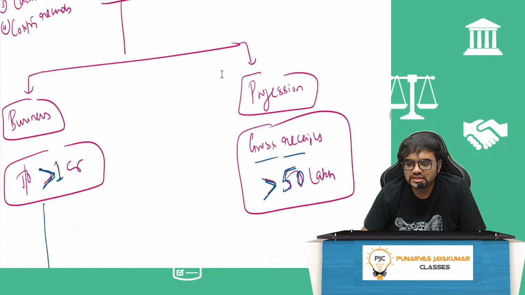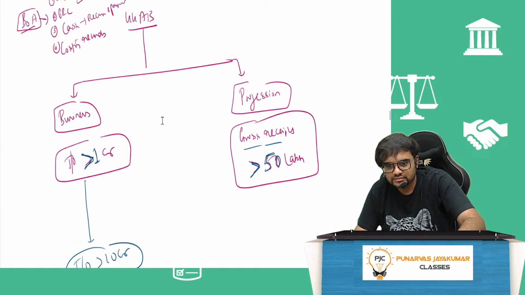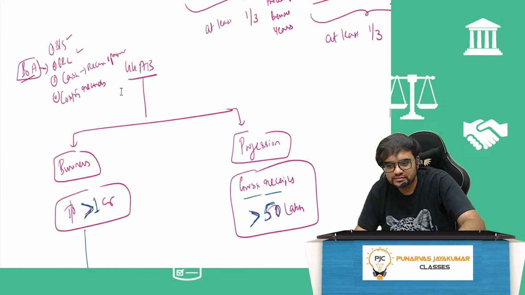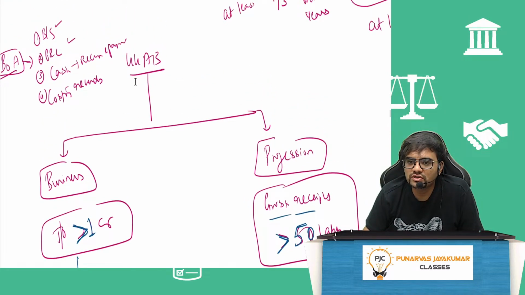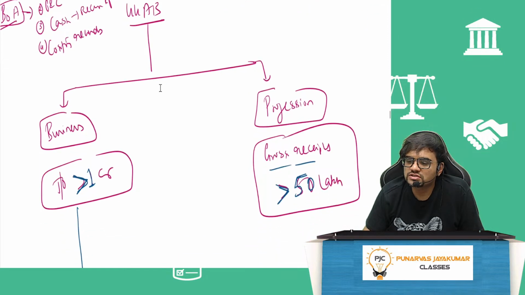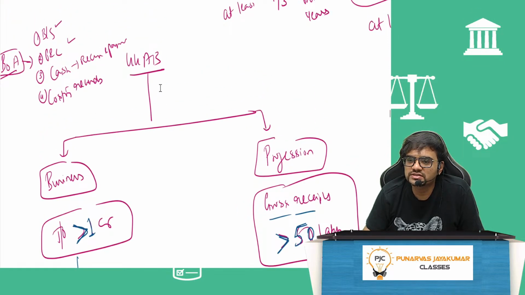Next comes the tax audit. 44AB. Very simple. If your business turnover is more than 1 crore, tax audit is needed. Or if your profession gross receipts is more than 50 lakh, tax audit is needed.